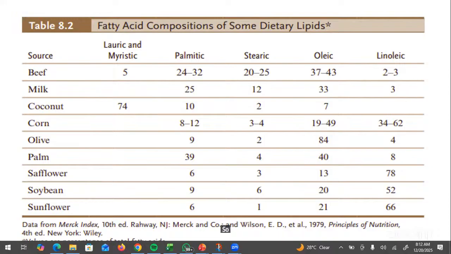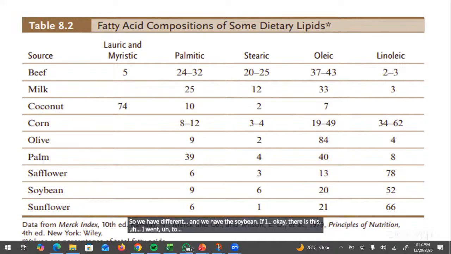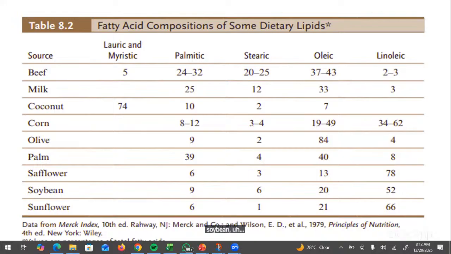So we have the soybean. In fact, I went to a supermarket to buy soy milk, you know. I saw on the label that it does not contain fatty acid.